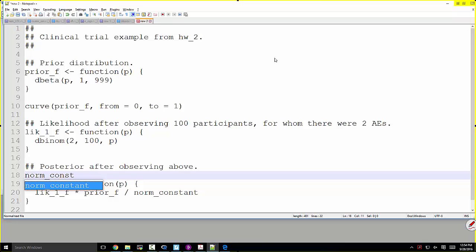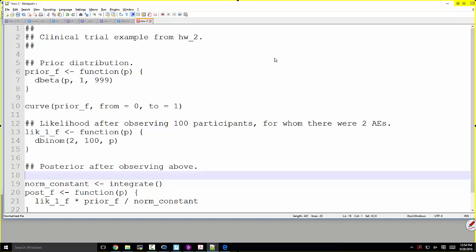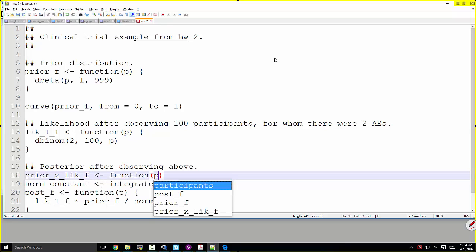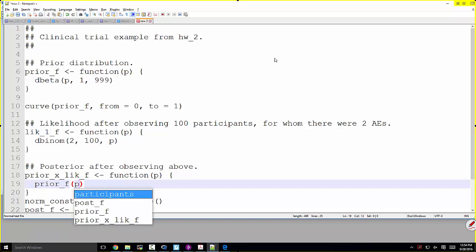Let's say norm constant is integrate, okay, I'm going to make another function that is the product of those 2 prior and likelihood functions. Prior times likelihood, function of p, and all it's going to do is multiply prior times likelihood.